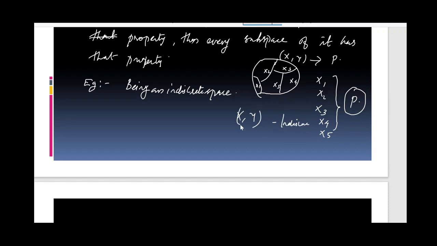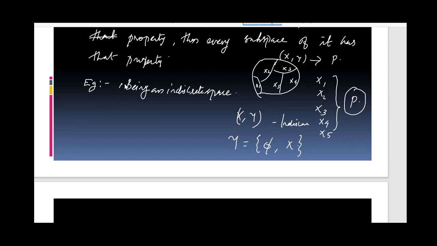Indiscrete means it should contain only two sets: one is the empty set and the other is the entire set. Now we take any subspace of this. The topology with respect to that set should be the same as this, right? So being an indiscrete space is a hereditary property.